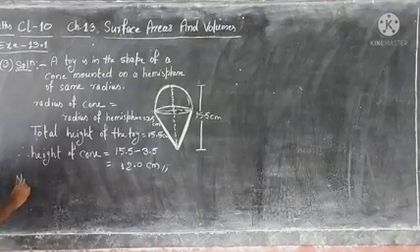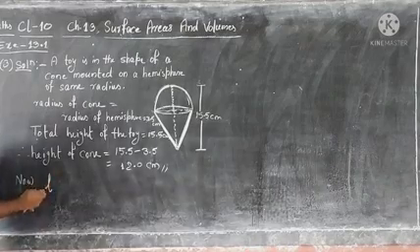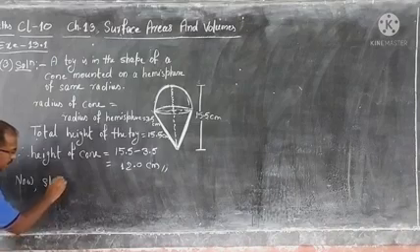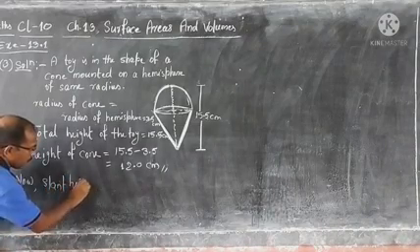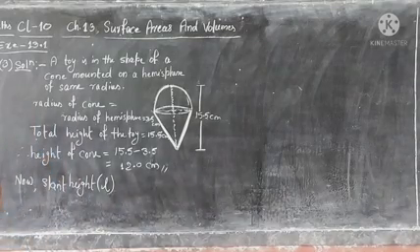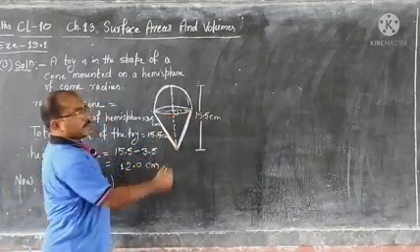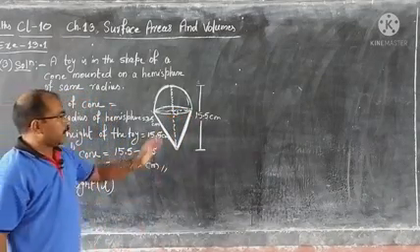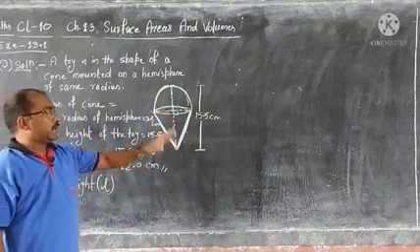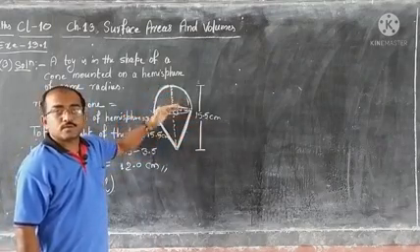So, now we will calculate the slant height L. If you keep this L in your mind, very good, otherwise write in full words slant height, because sometimes we may forget what L is. L is equal to what? Use Pythagoras theorem. L is the hypotenuse because it is called a right circular cone, the side opposite the 90-degree angle is the hypotenuse. Hypotenuse square is equal to the sum of the squares of the other two sides.